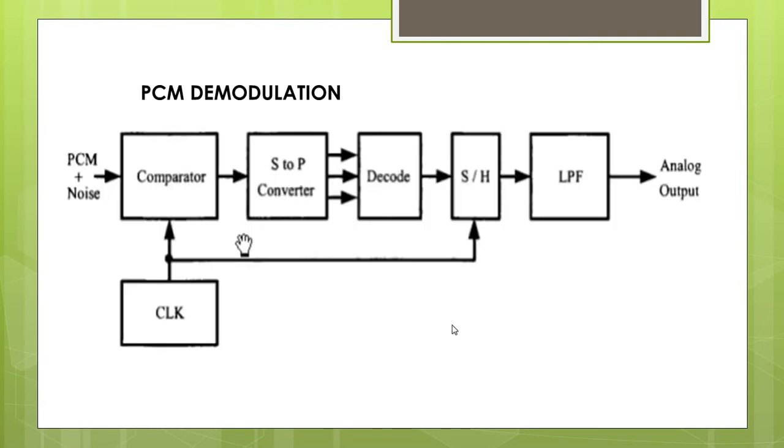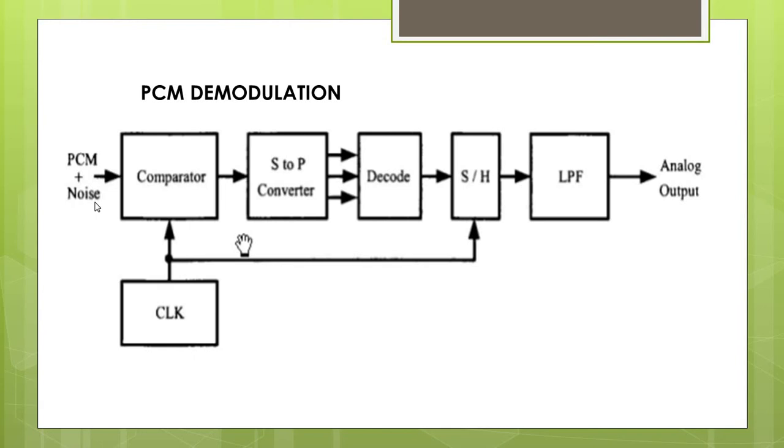This is the block diagram of PCM demodulation. The input of a demodulator is the output coming from the modulator. As the PCM is transmitted into free space, there is a lot of noise which contaminates the signal. So the input of the PCM demodulator is a PCM signal which has noise present in it.